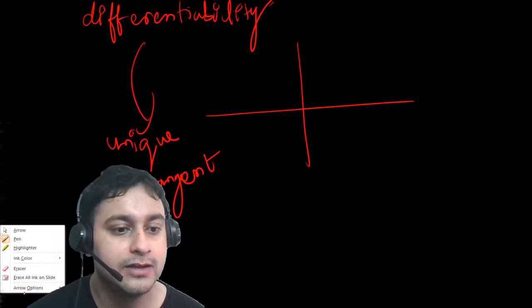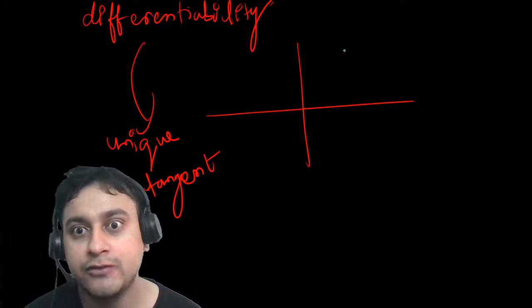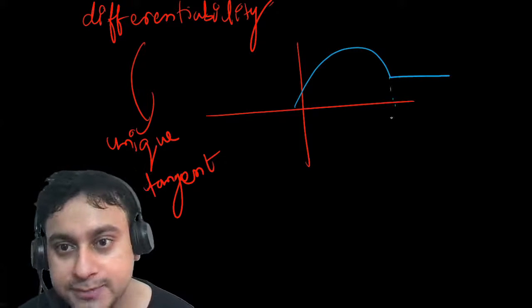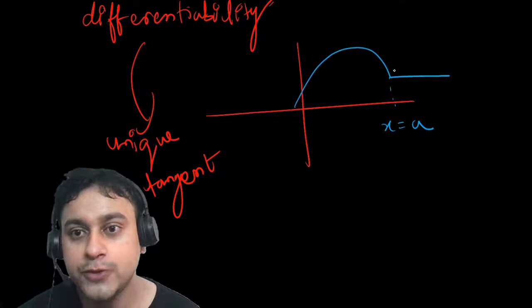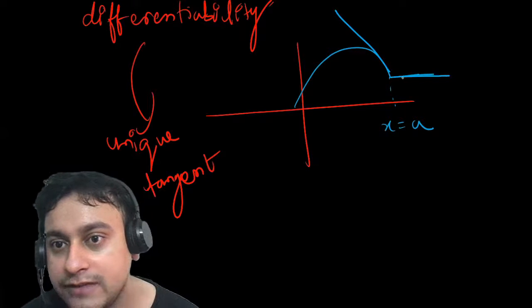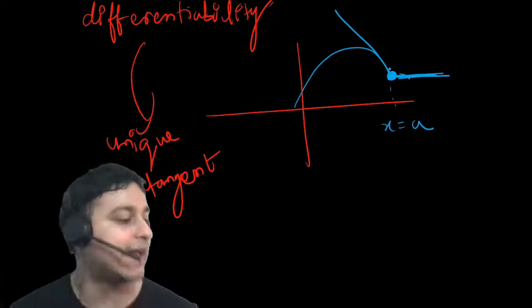Let's suppose I have got a graph like this. If I look at this point x equals a, before this the tangent will be this, and after this the line will be the tangent. So just before and after this point we have two tangents.